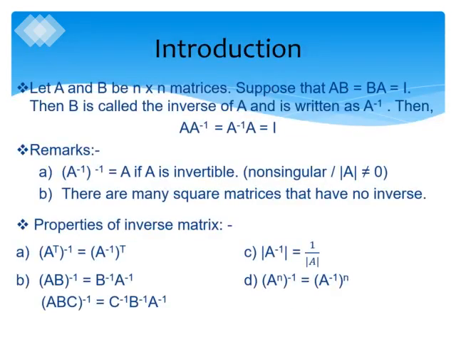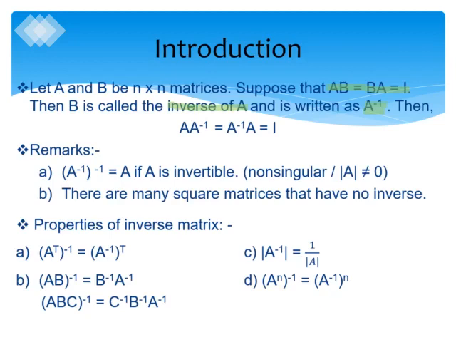Okay, first, introduction. Let A and B be n times n matrices. Suppose that A times B equals B times A equals the identity. Then B, we call it the inverse of A, and it is written as A to the power of -1.